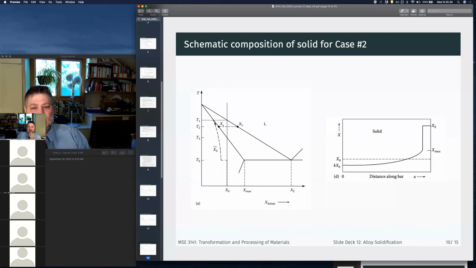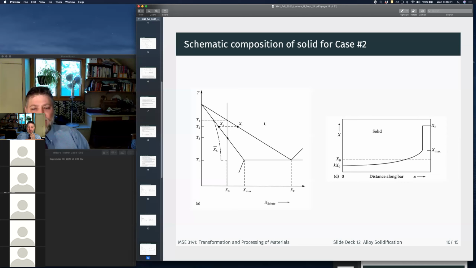So as I move down, eventually I get to this point here, T3, where my solid is the same composition as my initial alloy, and my liquid composition is way out here, right? But local equilibrium still holds at the interface, right?